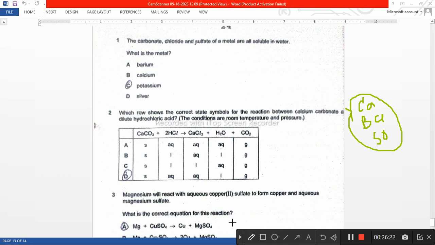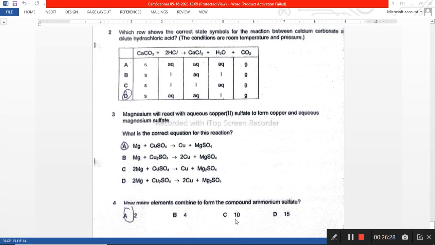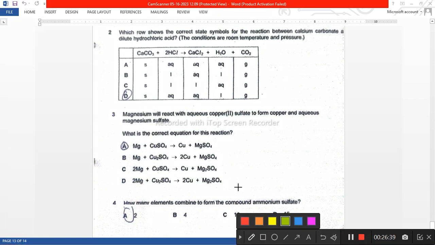Next question. Magnesium will react with aqueous copper sulfate to form copper and aqueous magnesium sulfate. What is the correct equation for this reaction? The question is saying that magnesium, Mg, reacts with copper sulfate, CuSO4.